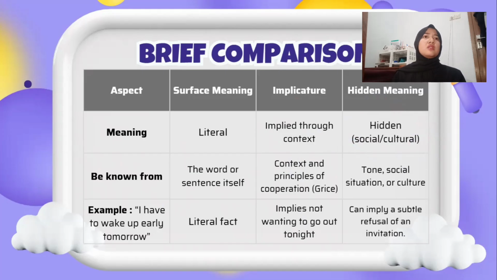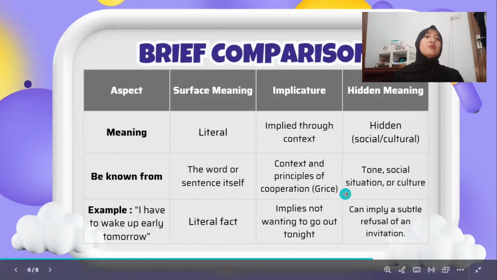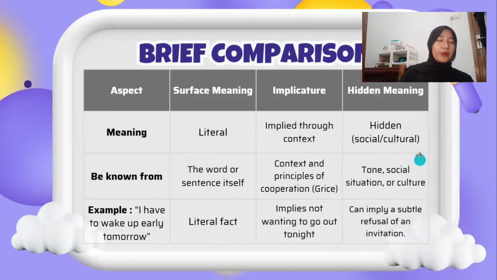It is based on the social or cultural context. And then, surface meaning can be known from the word or sentence itself, while in implicature, the meaning can be known from context and the principle of cooperation. And hidden meaning can be known from tone, social situation, or culture.